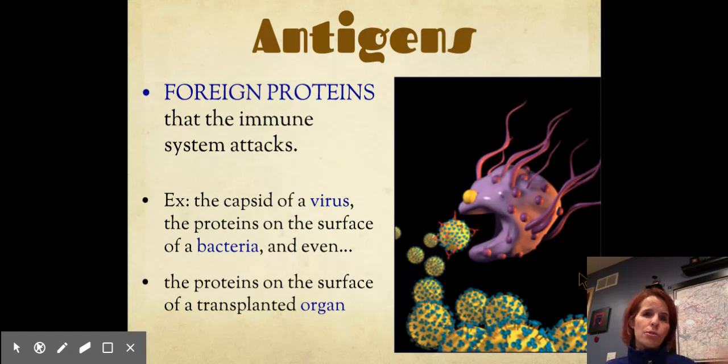The person who is receiving that transplant has to take immunosuppressant drugs, which suppress the immune system so that it's not quite as aware of the differences between the proteins. Unfortunately, that means that people who receive transplanted organs are more likely to get sick. So that's kind of a disadvantage.